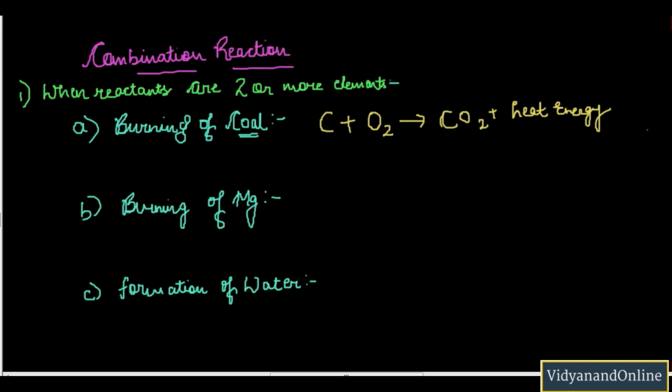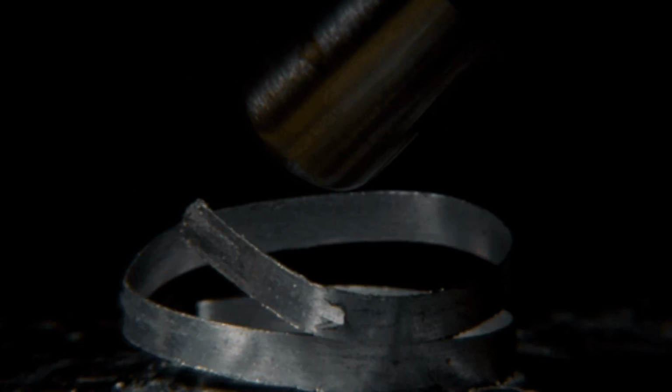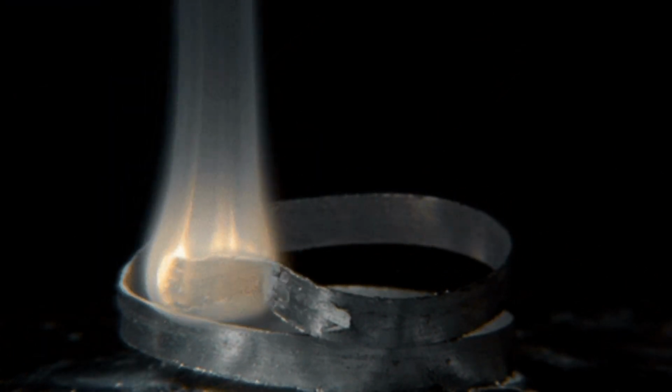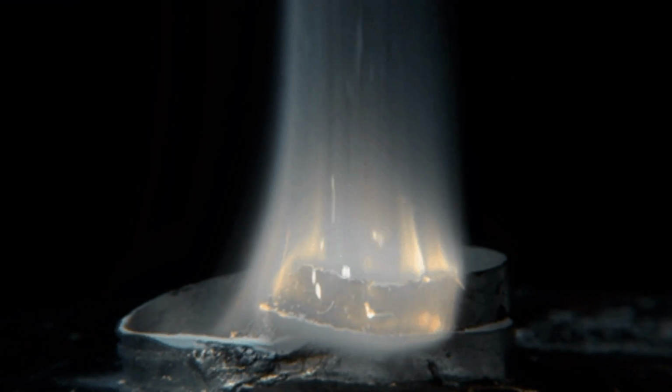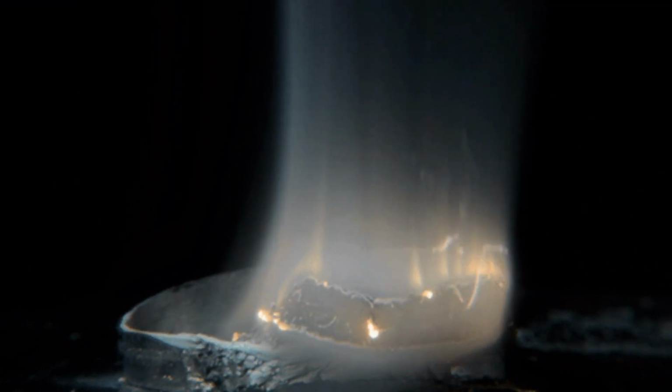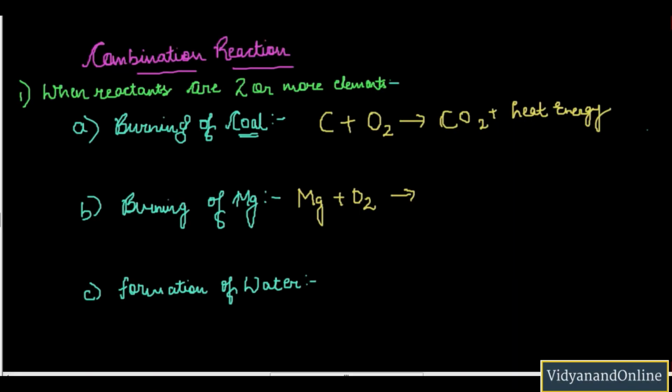Now the next is burning of magnesium. The burning of a magnesium strip we have studied before. When magnesium reacts with oxygen, it forms magnesium oxide. Till this time this equation must be in your head now. When this reaction occurs, it emits UV rays, so we have to ensure that we make use of goggles, otherwise it can cause permanent eye damage.